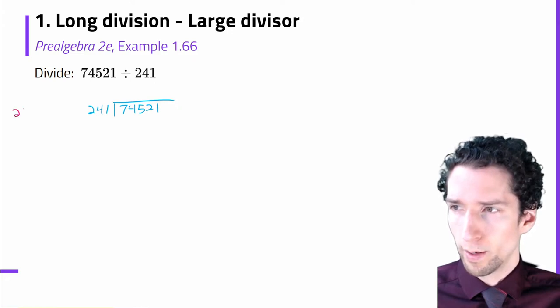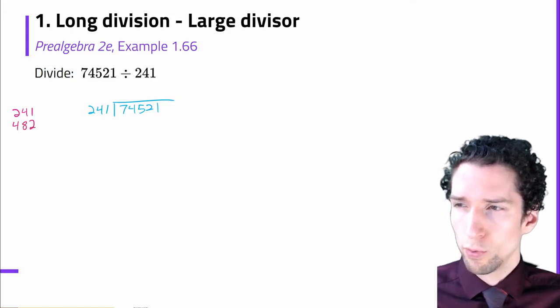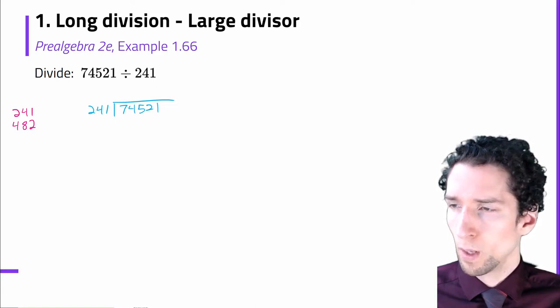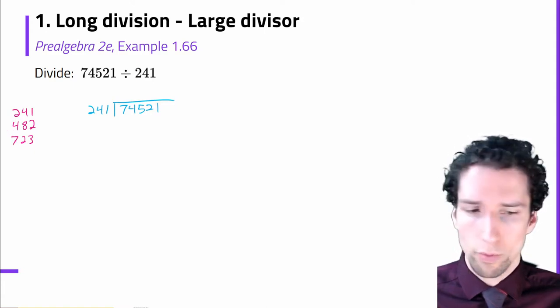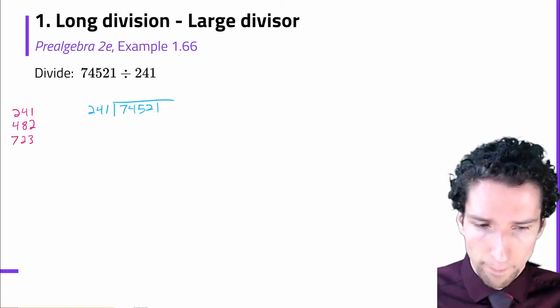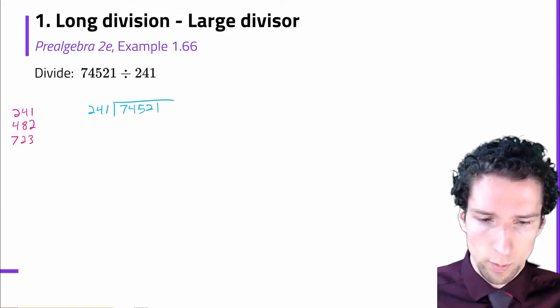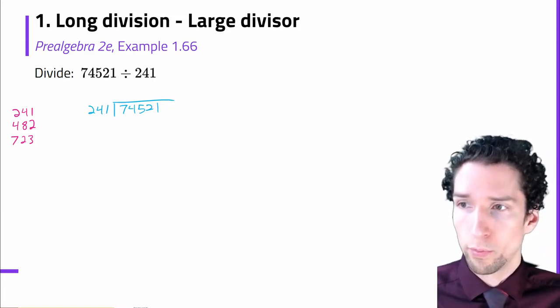We can just write out some multiples here. 241, next would be 482, and then if we multiplied by 3, we would get 723. Okay, so it looks like this will go in 3 times.